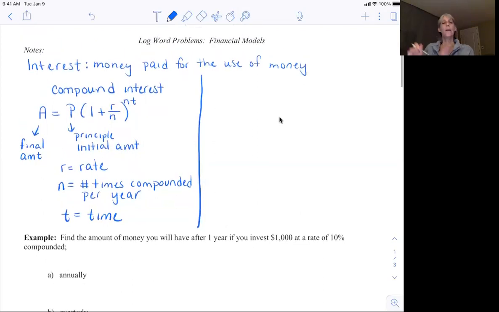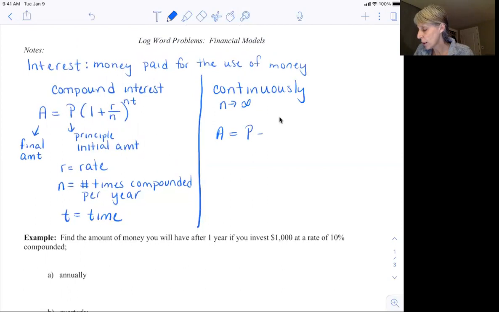Now, the other type of interest problem we're going to be dealing with is when it's compounded continuously. This is kind of hard to understand, but as N goes to infinity, it just means it's continuously compounding. Our formula changes, and this is what you all know from last year as the A equals P e to the RT formula.